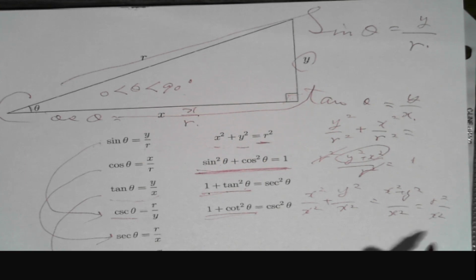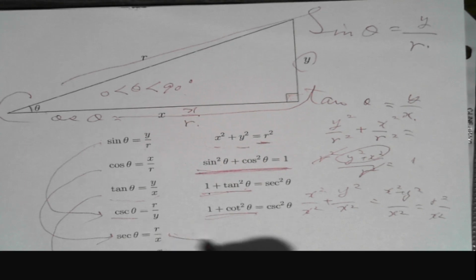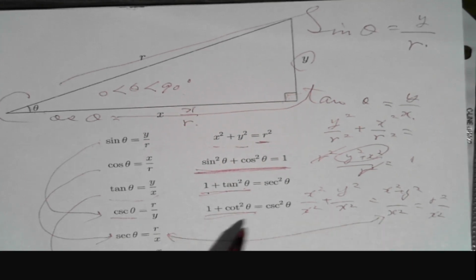Okay? R squared over x squared. What was r over x? R over x was here. Okay? So this changes to secant squared theta. In the same way, you can try this: 1 plus cotangent squared theta equals cosecant squared theta. Cotangent, you can see here, is x over y.